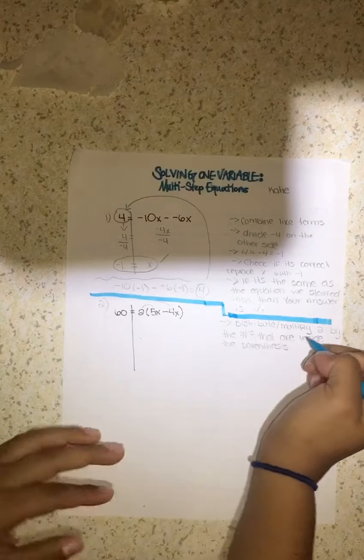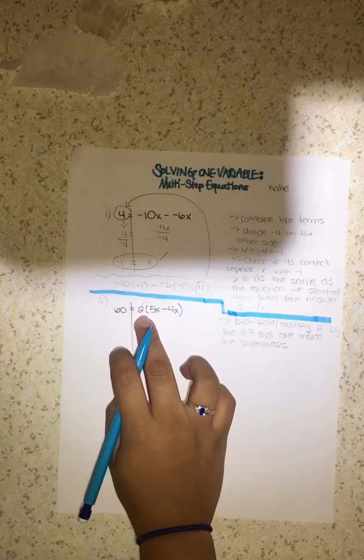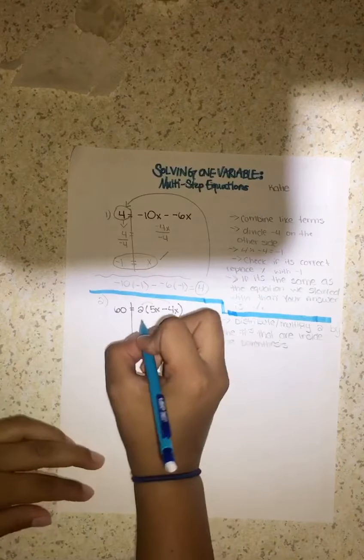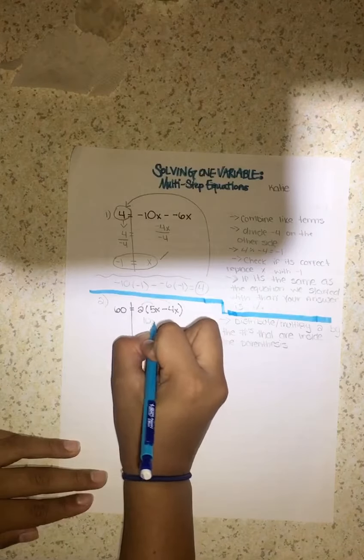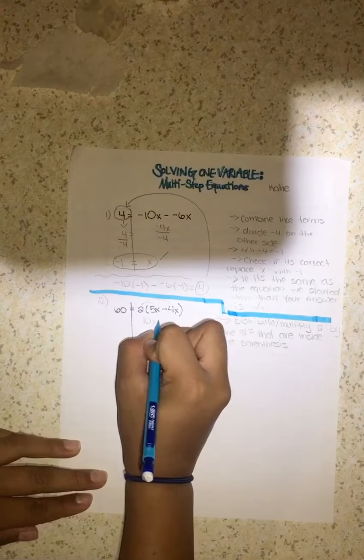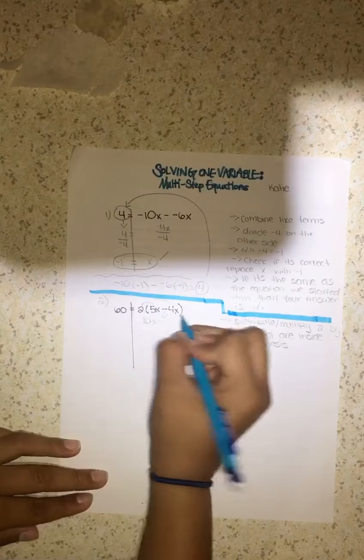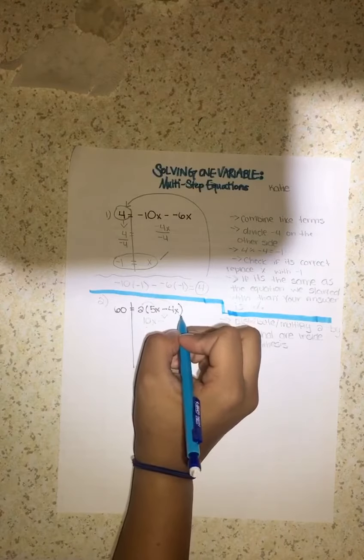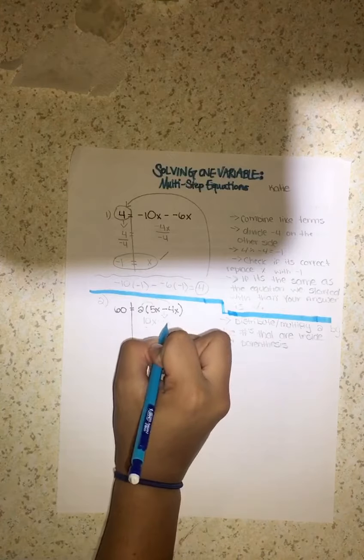So we are just going to distribute. So 2 times 5x should equal 10x. And then put our minus sign, we're just going to carry it down. And then 2 times -4, which should equal -8x.